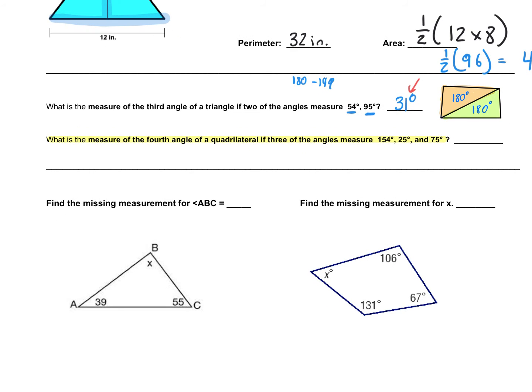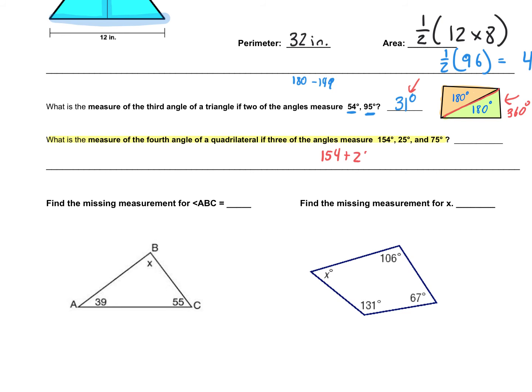Now, if you missed this last week, I talked about how two triangles, if we put them together to make a quadrilateral, that would give me 360 degrees. So inside all quadrilaterals is 360 degrees.